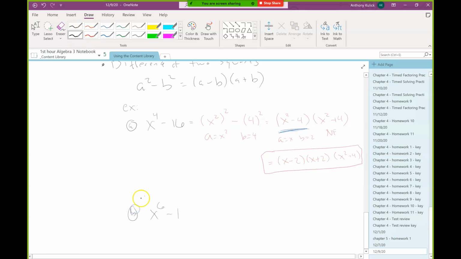Well, x to the 6th is x cubed squared, and 1 is just 1 squared. So my a is like x cubed, and my b is like 1. So I have x cubed minus 1 times x cubed plus 1.